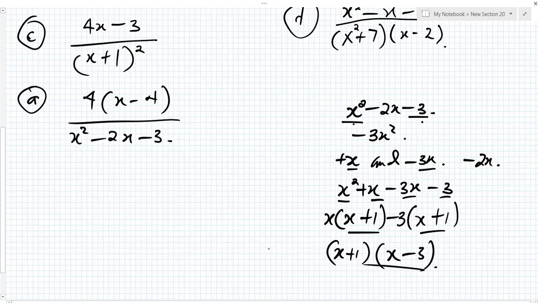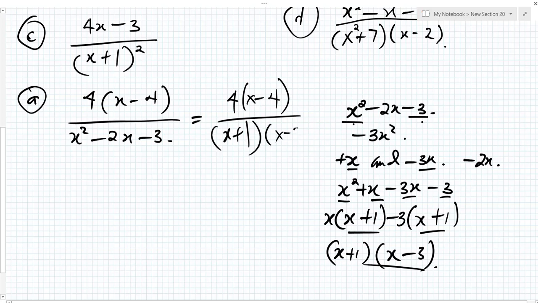So this is in this form now. Let me write it here. This is equal to 4 into x minus 4 over x plus 1 times x minus 3.